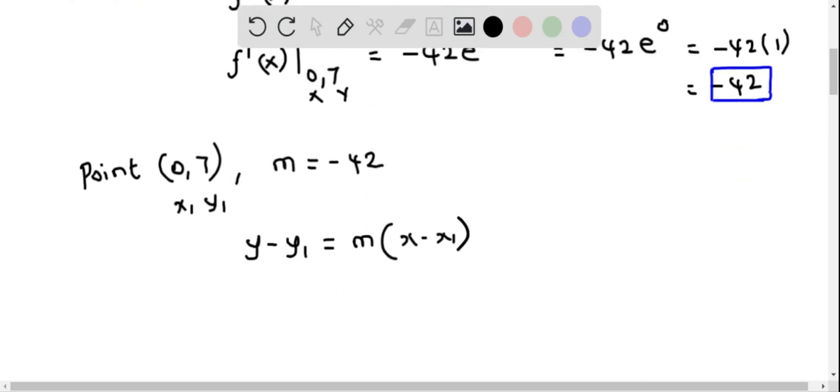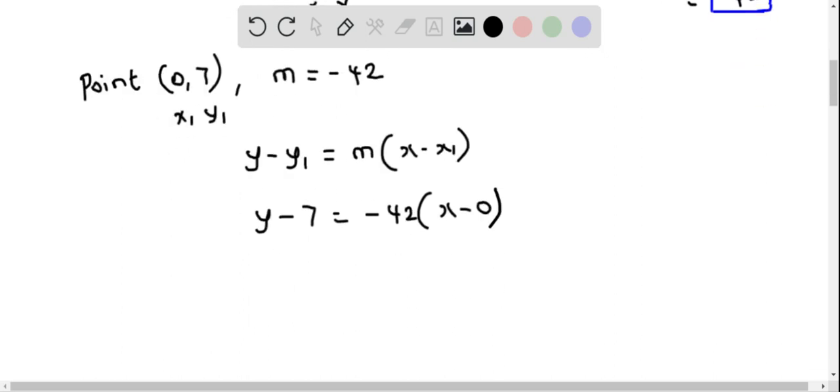So let's plug in x1, y1 and the slope into this equation. We have y minus 7 equals negative 42 times x minus 0. Therefore, this simplifies to y minus 7 on the left side, and this equals negative 42 times x, which is negative 42x.